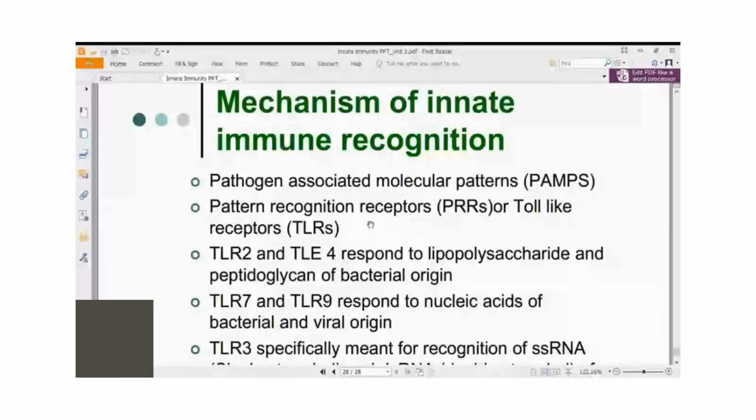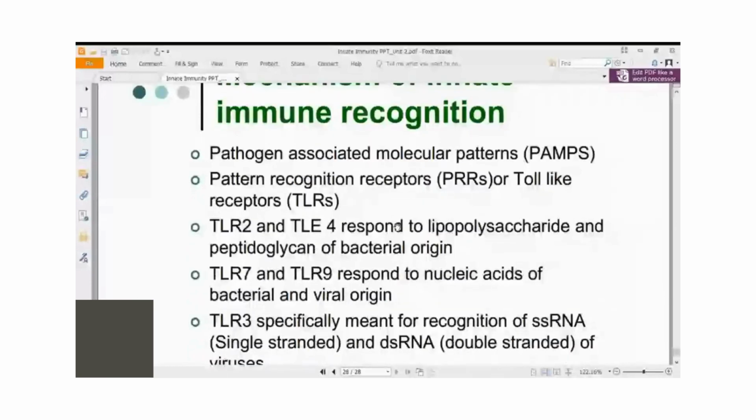Now, what are these PRRs? They are classified into TLR1 to TLR9. Still, the functions of some of them are not yet known. A lot of work is going on, but the functions of some are known, which is represented here.